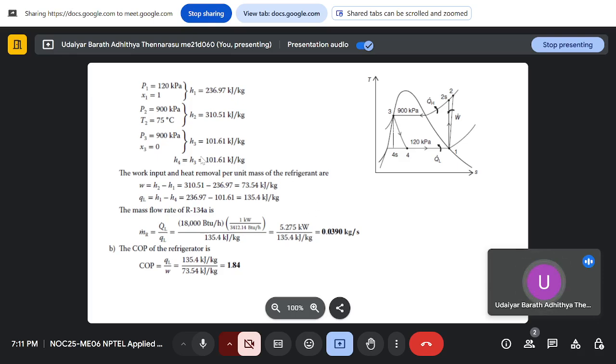I think I'll make a change in the problem. 5.275 kilowatt is the cooling load, and the specific cooling load is 135.4 kilojoule per kg. So that gives me 0.039 kg per second of mass flow rate of the refrigerant. So the COP of the refrigerator will be your specific cooling load divided by specific work, which comes out to be 1.84. So that is the COP.